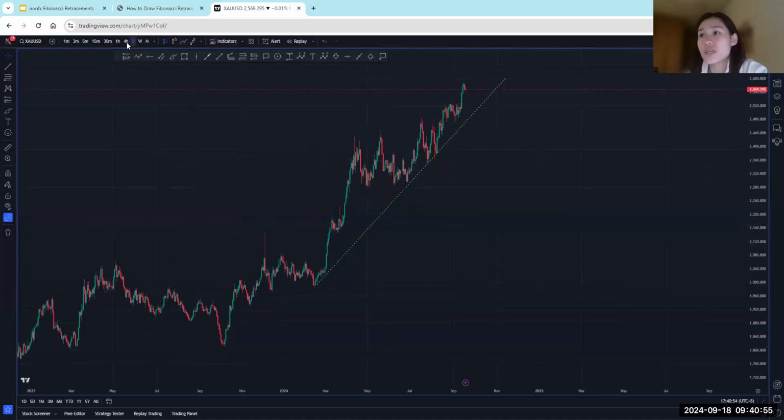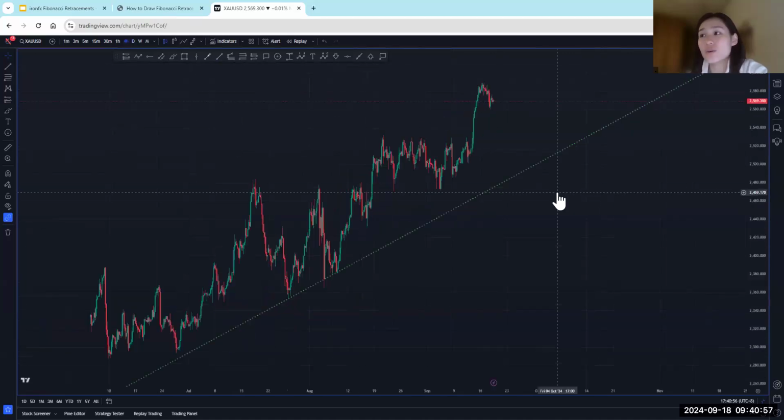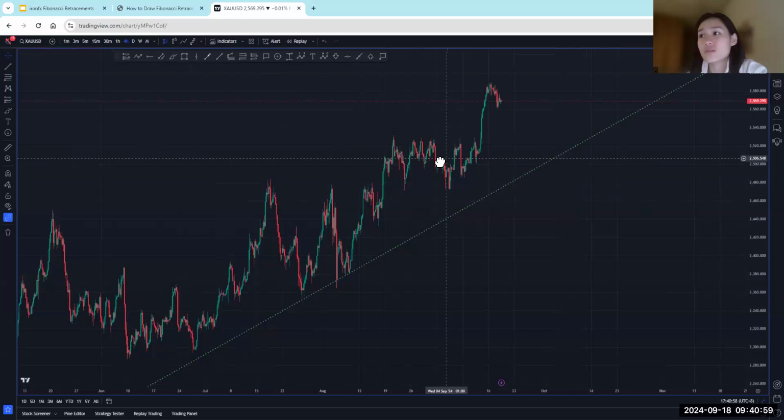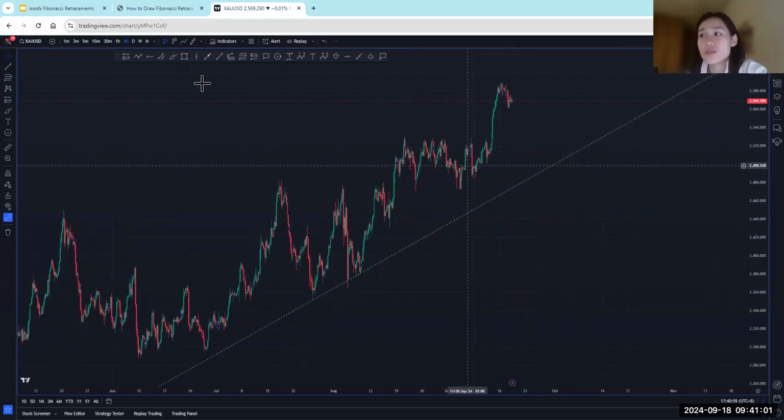Let's go ahead and analyze this on the 4-hour time frame. So on the 4-hour, you can also see that uptrend, although prices have reversed slightly.